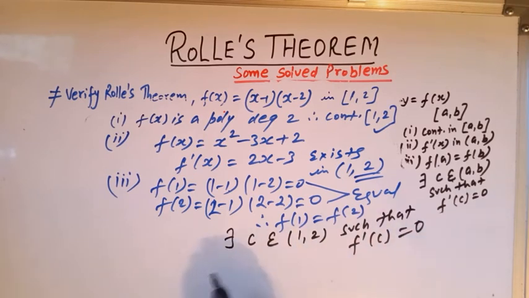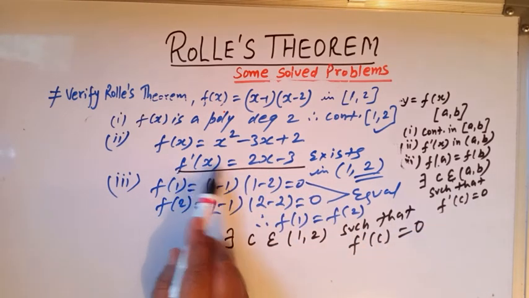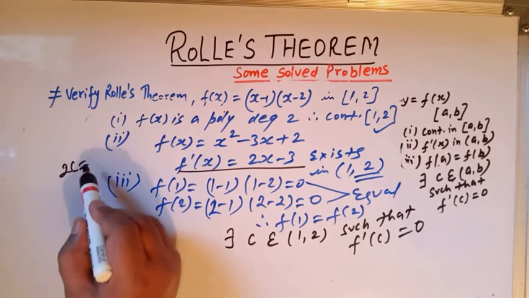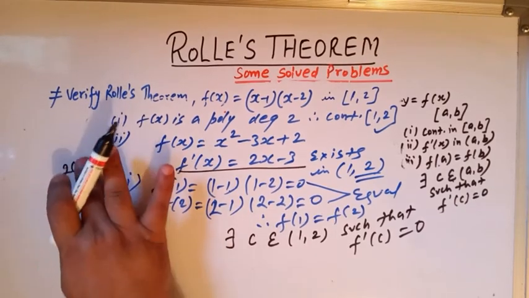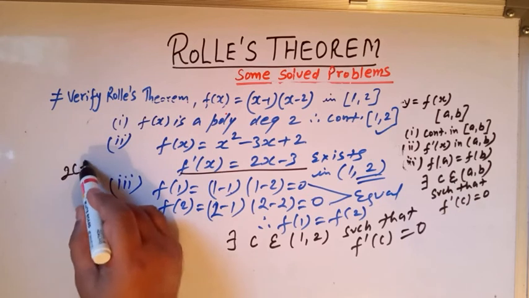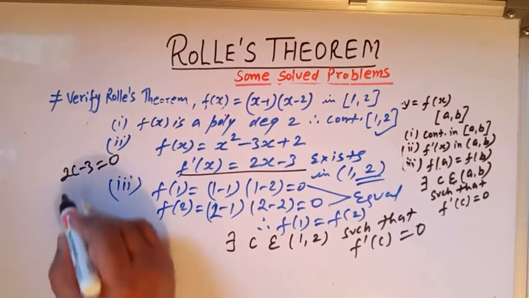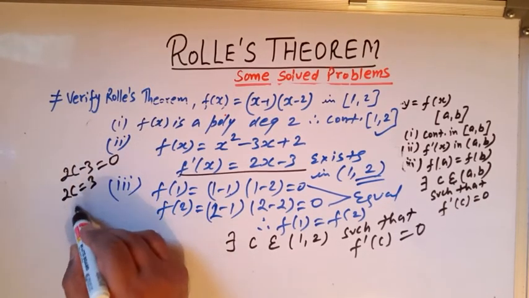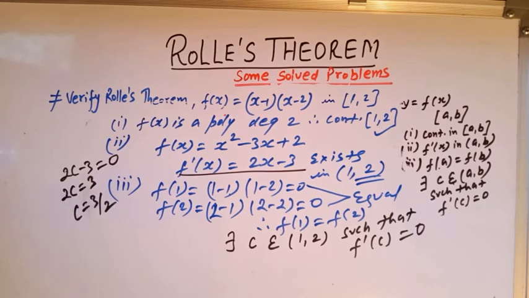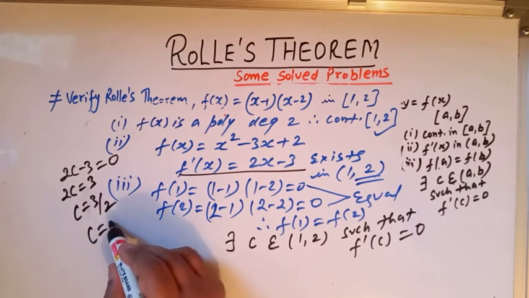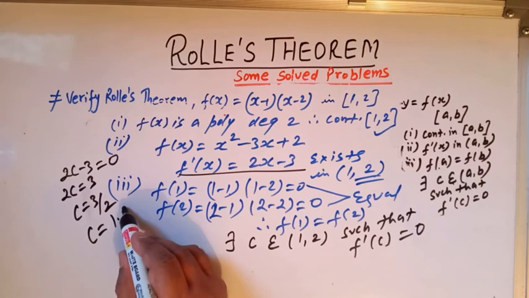Clear? So f dash of c is equal to 0 means we have to substitute the value of x equal to c here. So we have 2c minus 3 is equal to 0. So we have 2c equal to 3, and c is 3 by 2, that is c is equal to 1.5.